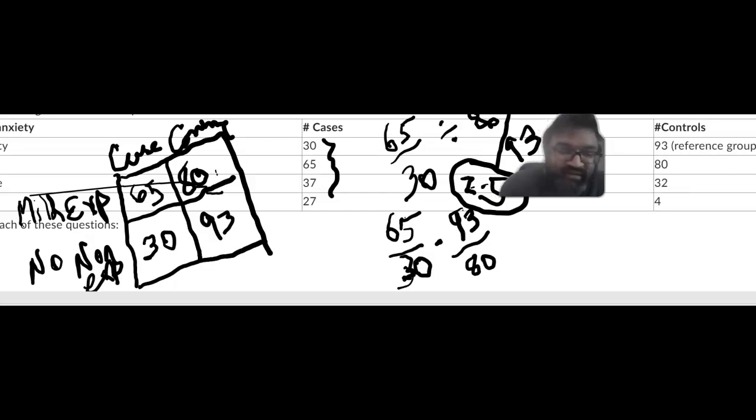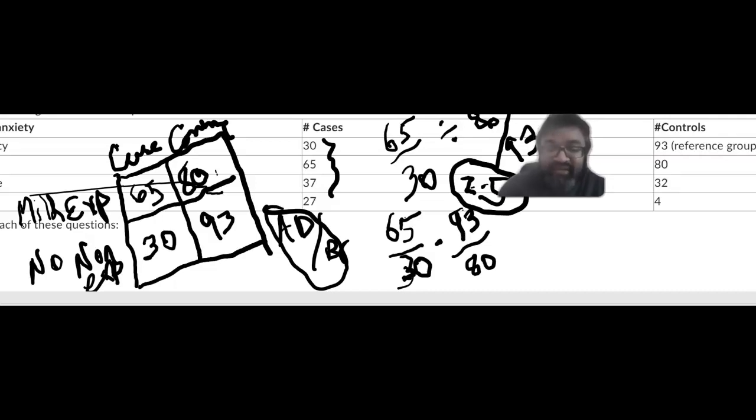So one of the formulas that we learned is AD divided by BC. However, I recommend not to use these shortcuts. Either calculate this number and then divide the two numbers, or you can use simply the multiplied number, both.